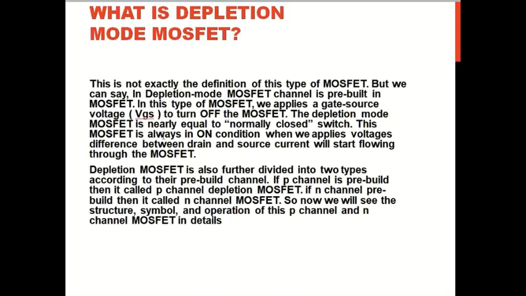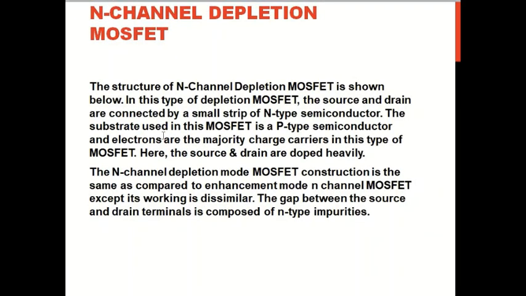I have shown you before. In the NMOS structure of this type of depletion MOSFET, the source and the drain are connected to a small strip of N-type semiconductor. The substrate used in the MOSFET is a P-type substrate, and the electrons are majority charge carriers.